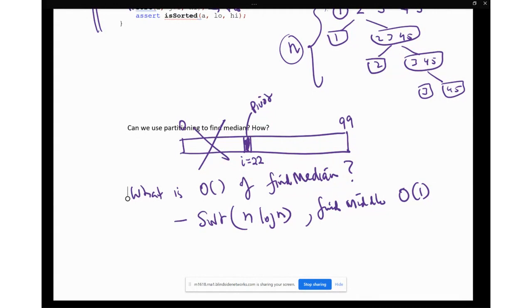So what we're going to do is partition again, just one side. We are not doing it recursively. We just completely ignore the left-hand side. Let's suppose now we came up with something like 65. Now we know the median is in that place there.